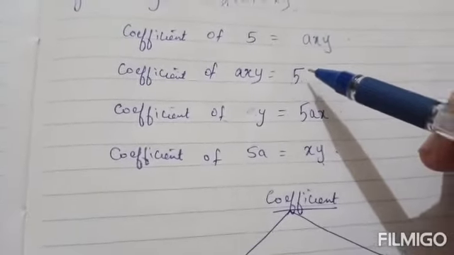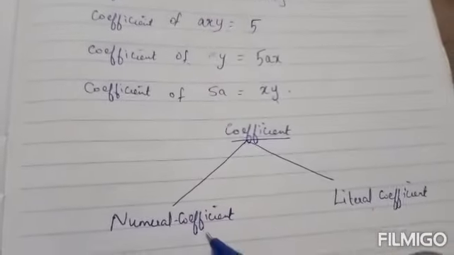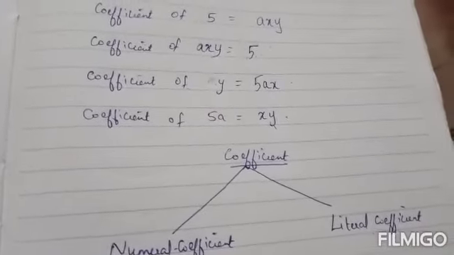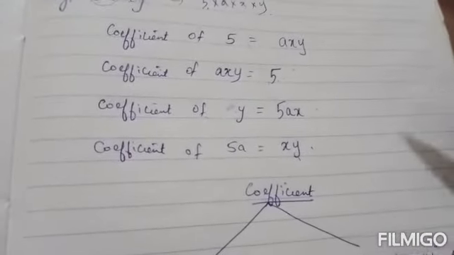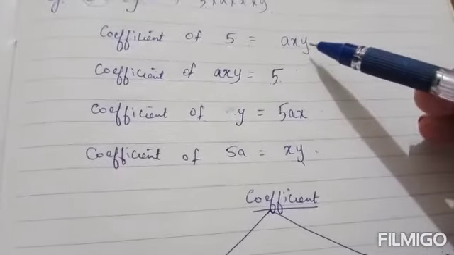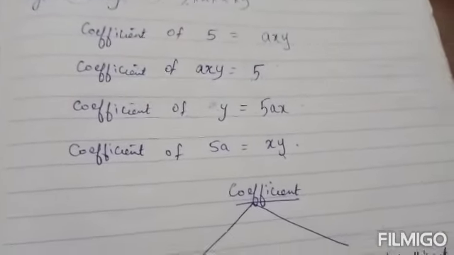So such coefficients come under numerical coefficient, okay. So what about literal coefficient? If the factor involves letters, if it involves variables, it is called a literal coefficient.